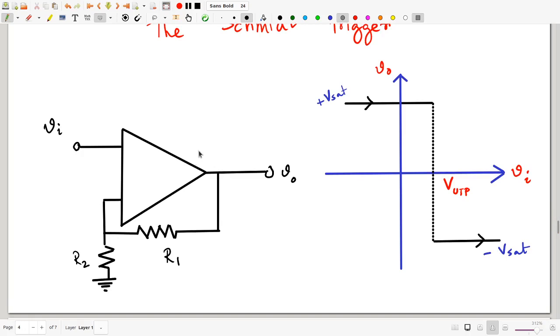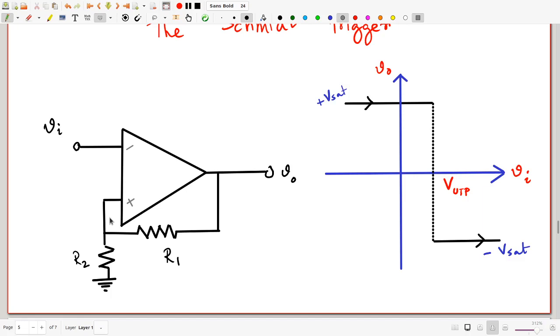Here, notice that we have connected the output back to the positive input. Once again, this is the positive input and this is the negative input. The output has been connected back to the positive input via a potential divider arrangement between the resistances R1 and R2. The input, as in the inverting comparator, is connected to the inverting input.